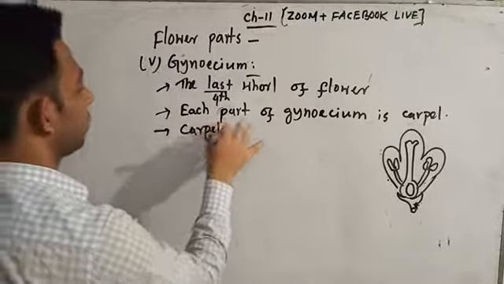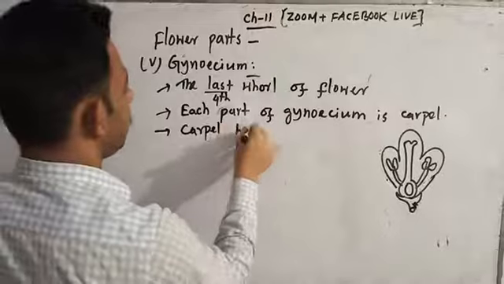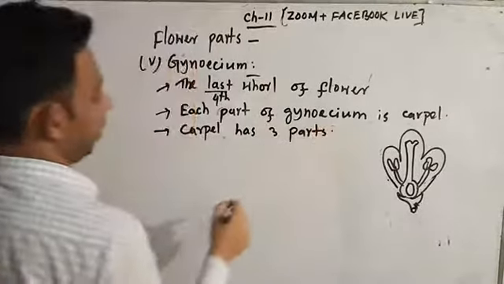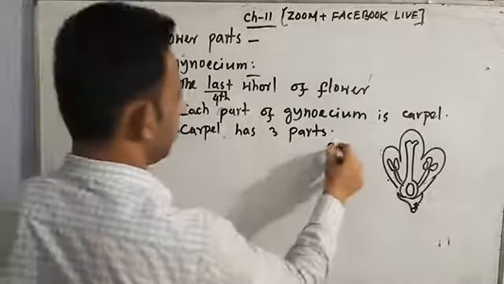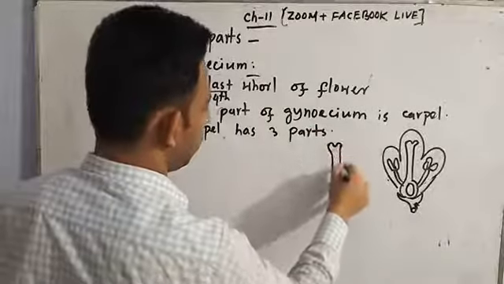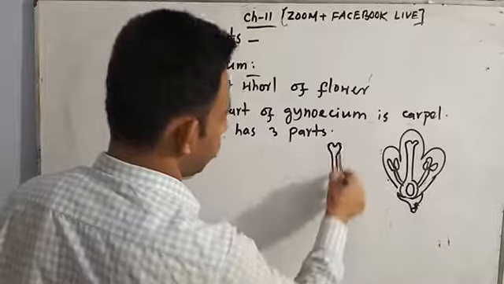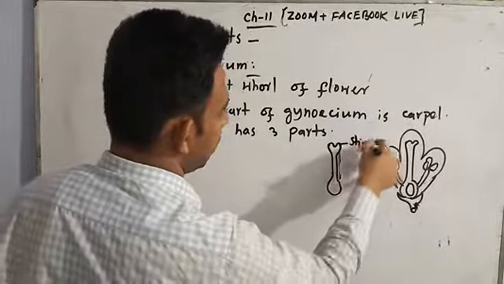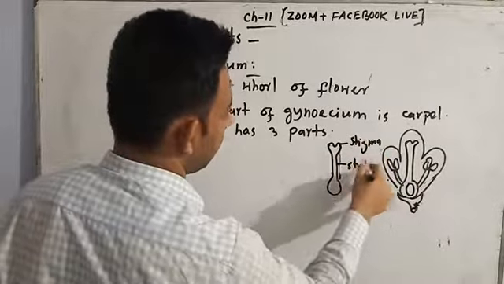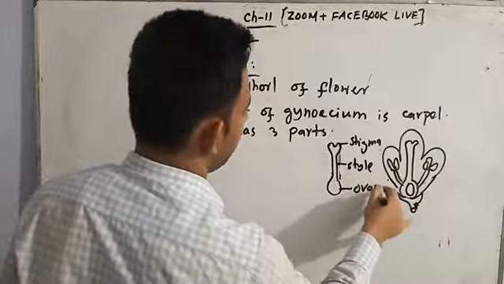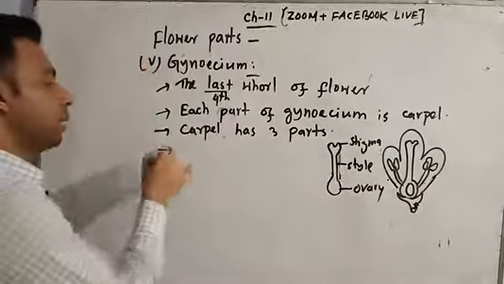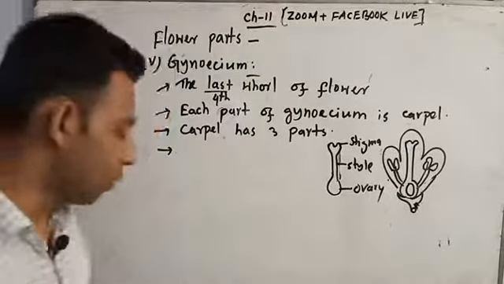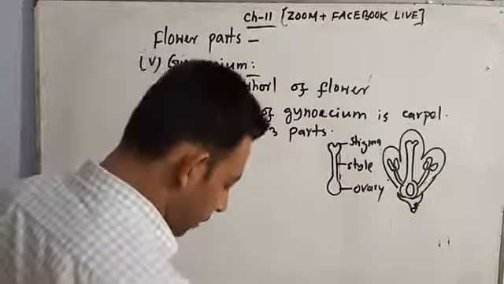Carpels have 3 parts, and it can be simple if we draw it. So stigma, style, ovary. These are the 3 parts of the carpel, you can write singly here: stigma, style and ovary, to mention up here.